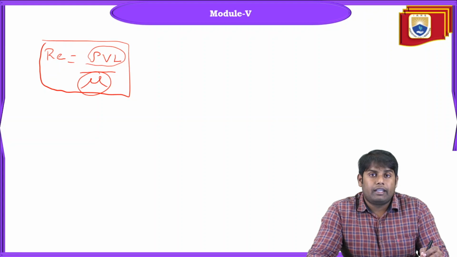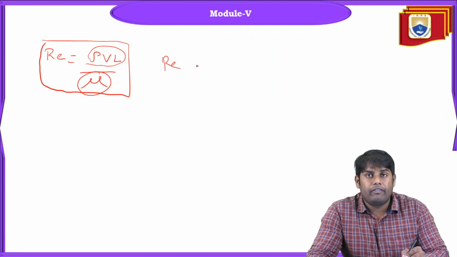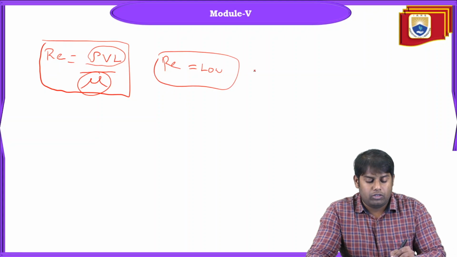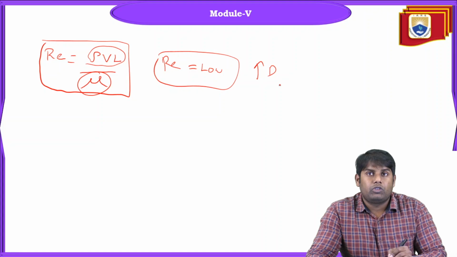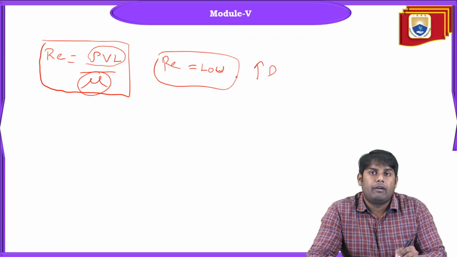Now, you can take the Reynolds number as the ratio of convection to diffusion. So for a low Reynolds number, Re low, you have a high diffusion term. If the Reynolds number is low, the diffusion term is very, very high.